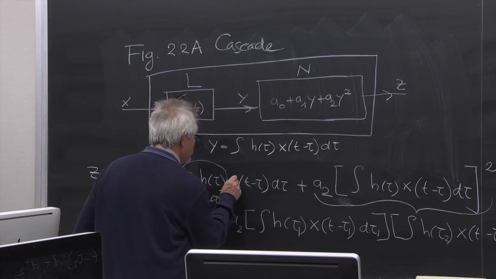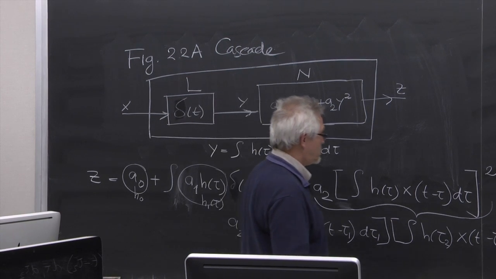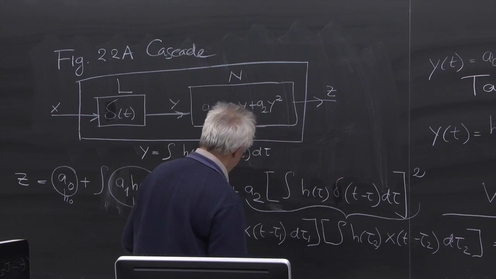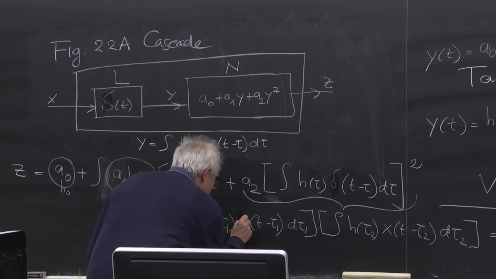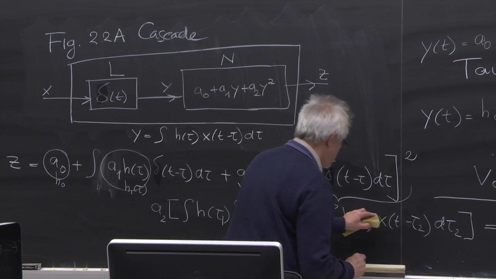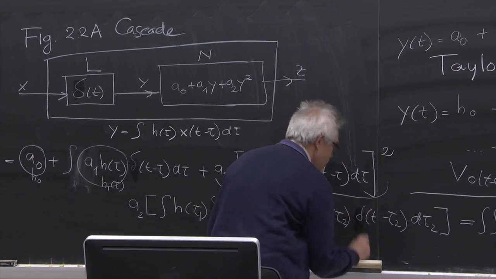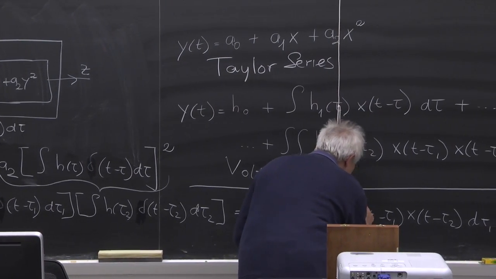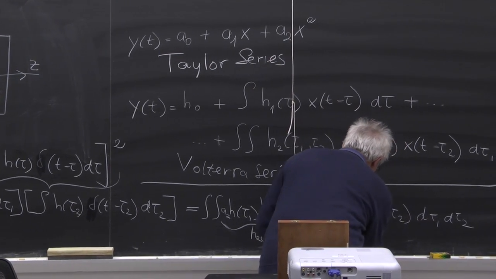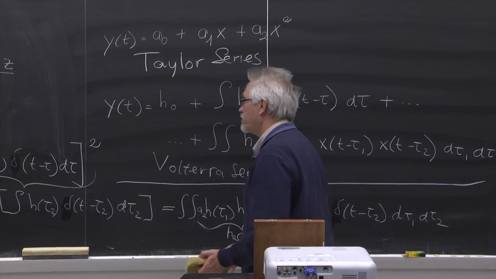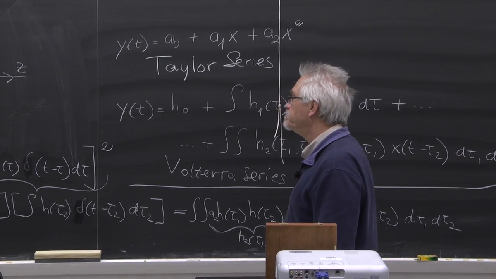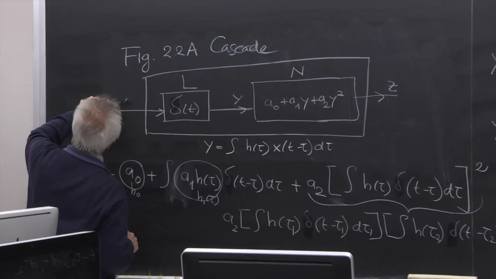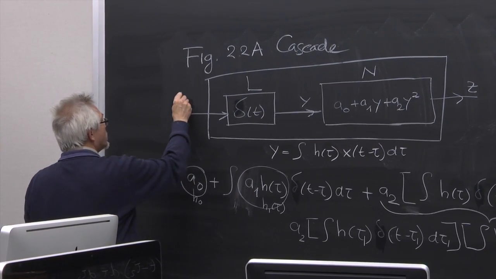Here, it's going to be the unit impulse. Here, it's going to be the unit impulse. And there. Did I forget one? I don't think so. So everywhere where I had x, I basically now use a unit impulse.